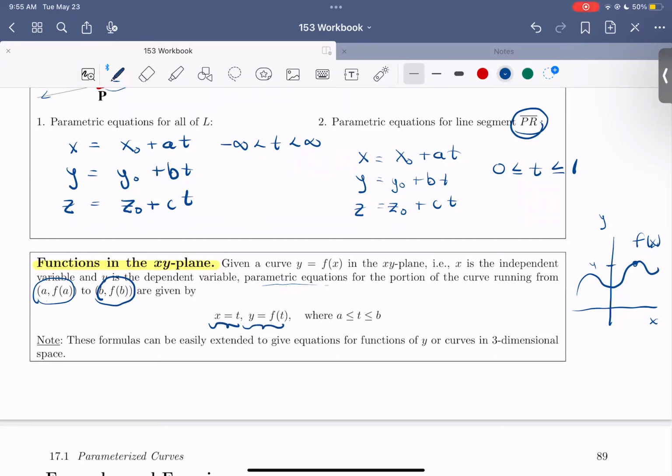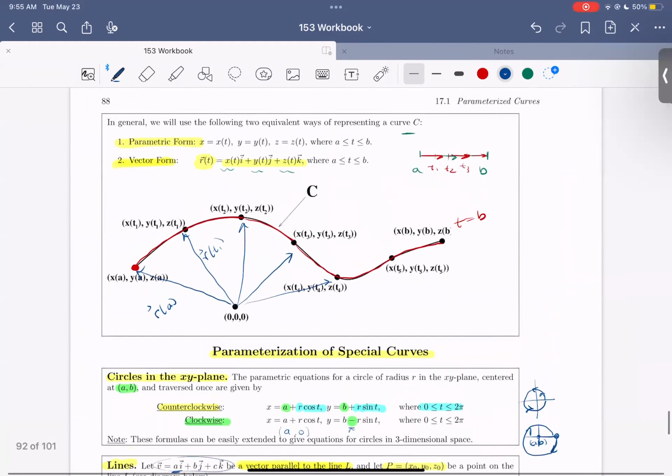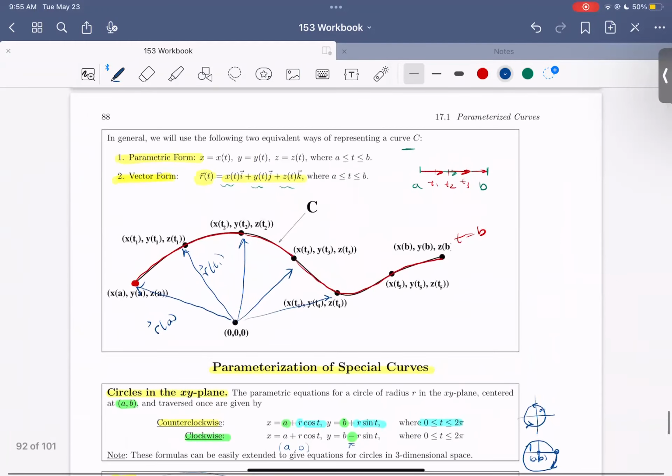And here, since we're starting at x equals a and ending at x equals b, that would mean t goes from a to b. And of course, as in the previous examples, these formulas can easily be extended to give equations of functions of y, like we saw in example 4, or curves in 3-space by just including a third coordinate. All right, well, great work going through this final summary of parametric curves in section 17.1.